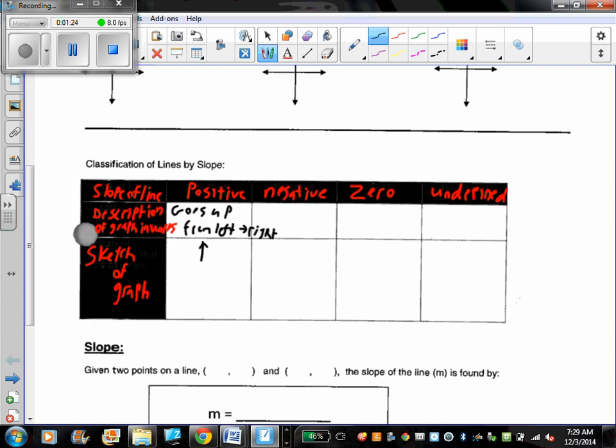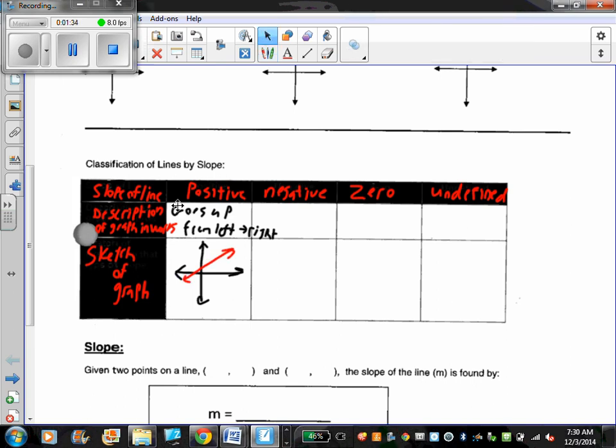So if these are our axes, a line with a positive slope could be this, or it could be this. Notice that both of those lines, as you go from left to right, are increasing in the y value.